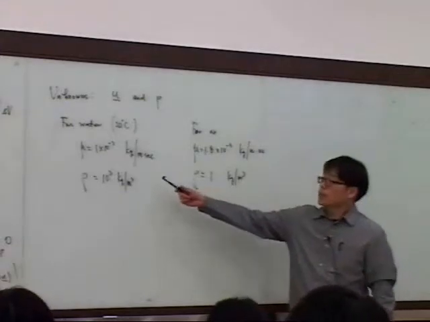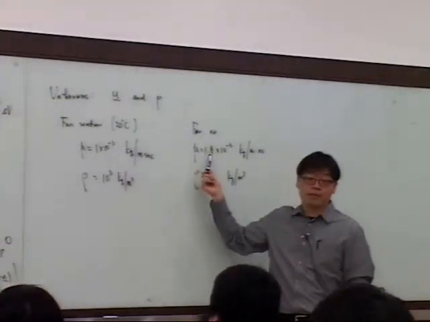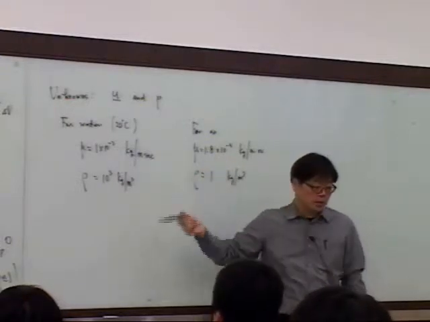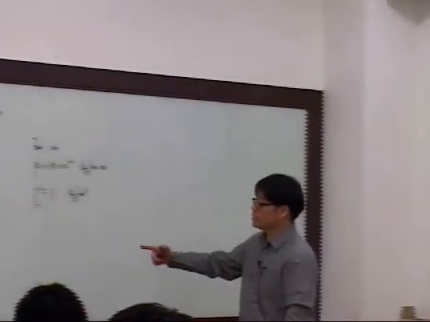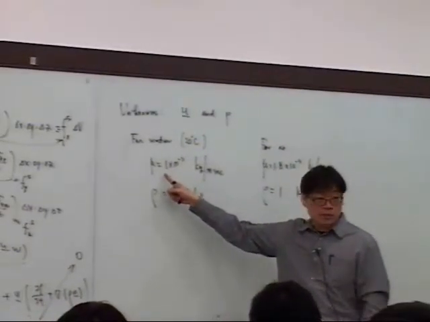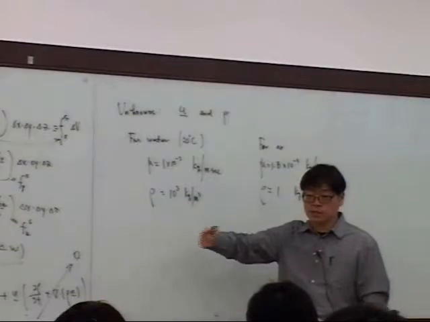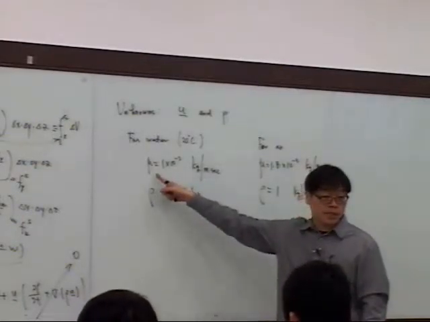So the dynamic viscosity of water is much greater than the dynamic viscosity of air. So that's why it's harder to pull an object in water than in the air. Okay? Because the stress is larger. For a given strain, the stress is larger because stress and strain have a linear relationship. The proportionality is nothing but the viscosity.